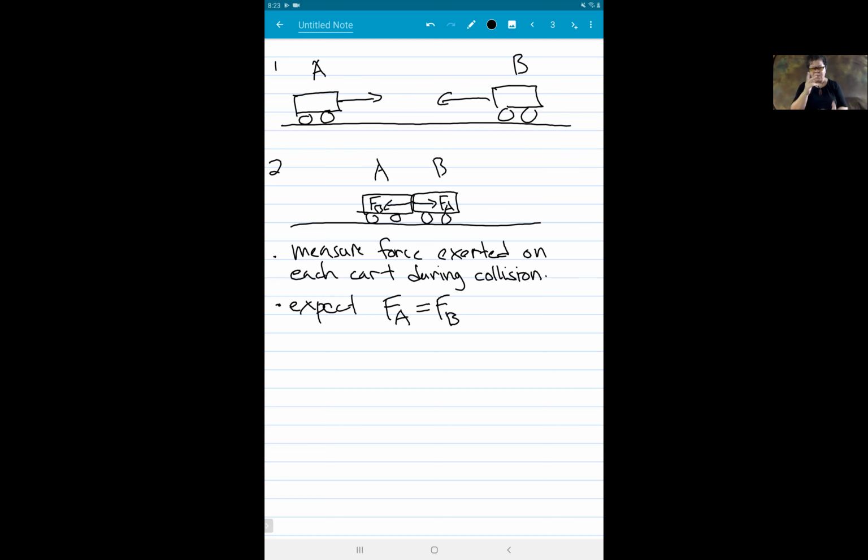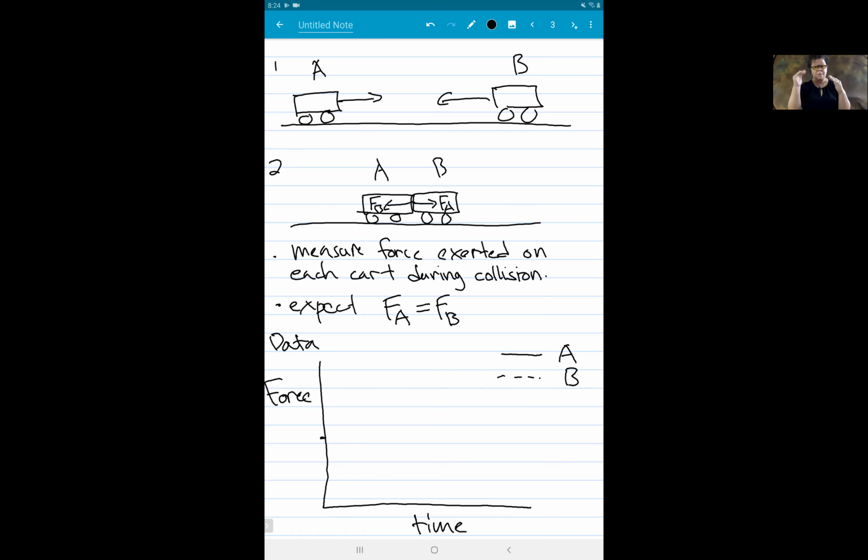The way this is going to be plotted, actually, the data we get is going to look like this. We have force over time. And we're going to have the blue cart, also the A, solid will be A, and dashed will be B, okay. What we'll expect is, I'm going to put 0 right here, -5, +5.